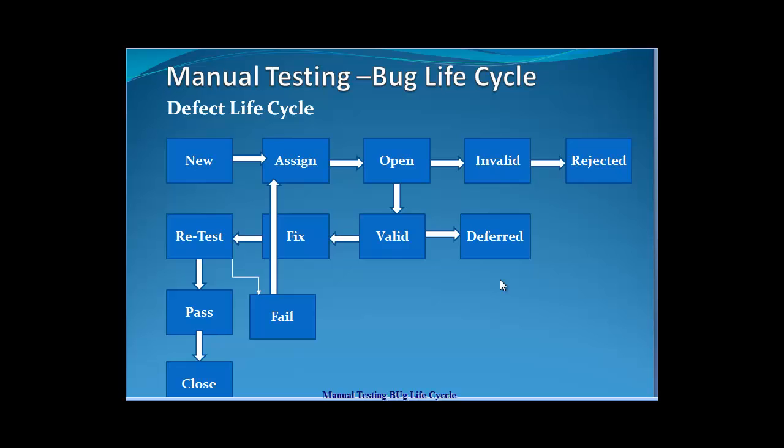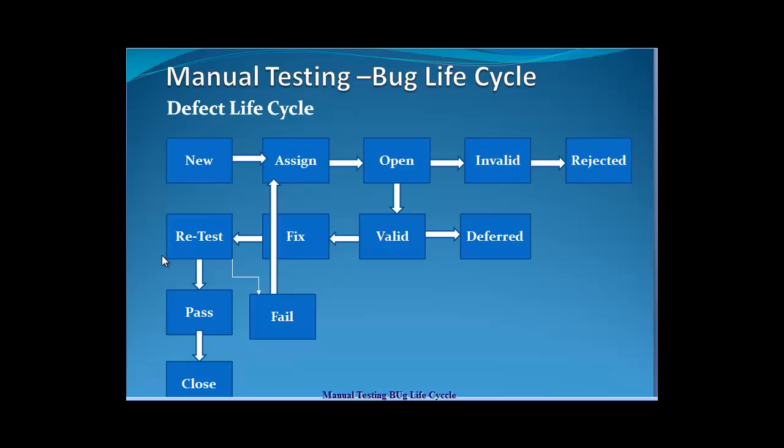So the developer fixed 3 functional defects, so again he marked that status as fixed, and again he assigned those 3 defects for the retest. So here we can see that after fix, the defect status becomes retest.